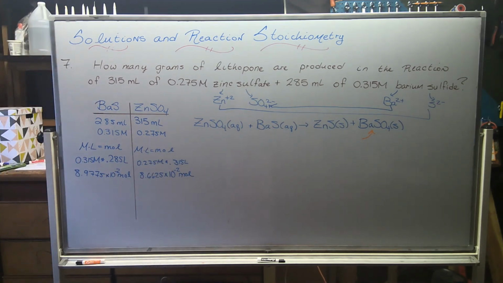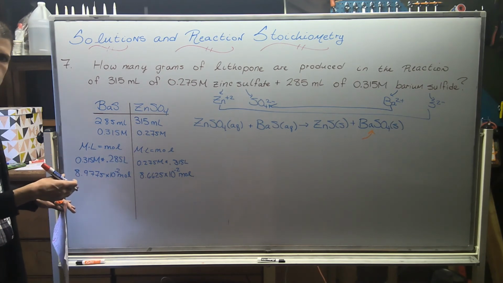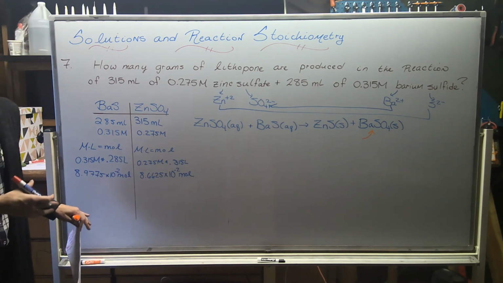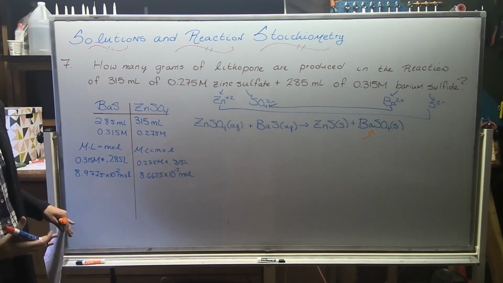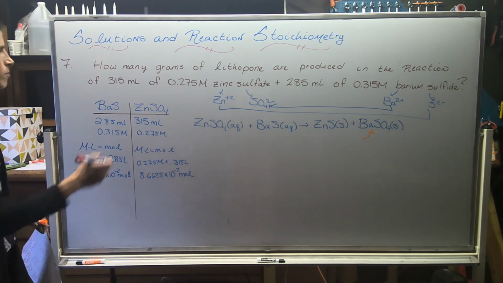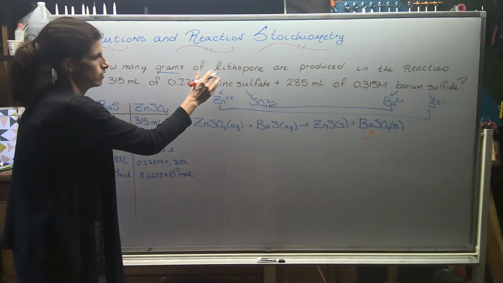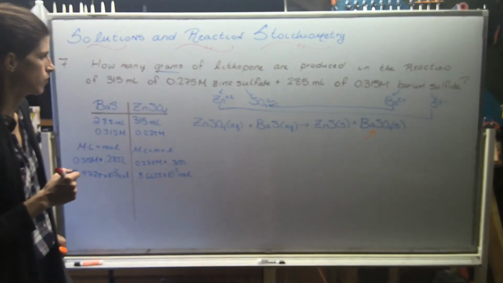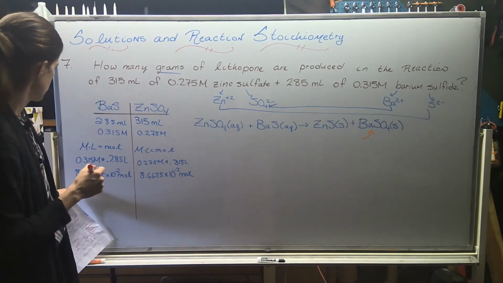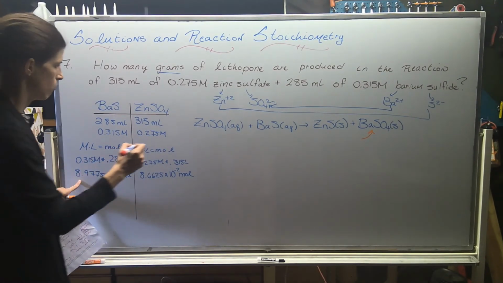All right, now I want to see which one of these is my limiting and which one of these is my excess. I want to calculate my theoretical yield in grams of barium sulfate. Because they asked us for grams of the lithopone, and we're going to need both eventually, but let's focus on the barium sulfate to begin. All right, so I'm going to start with the barium sulfide mole value.